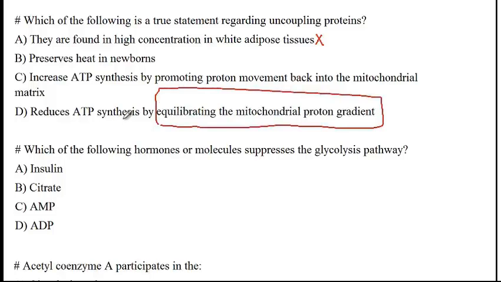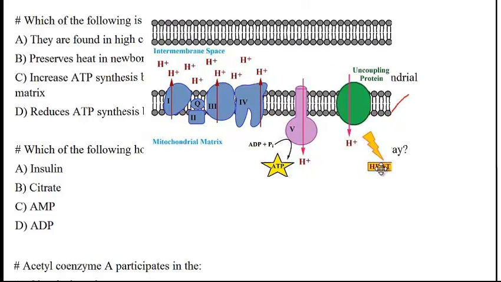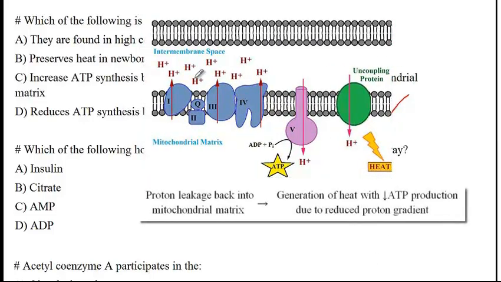And so the ATP synthesis would be reduced, and so choice D would be the correct answer. And here I have a drawing for you which shows how all the H plus in the intermembrane space can be leaked back through the uncoupling protein into the mitochondrial matrix, as a consequence of which there would be generation of heat.